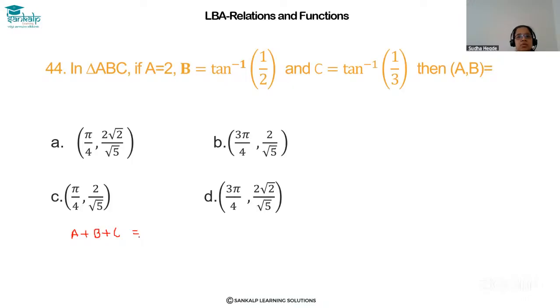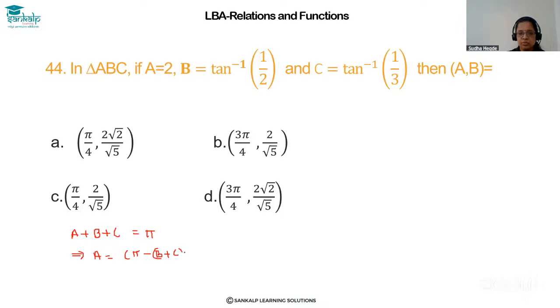Yes, it is 180 degree. Correct? So 180 degree in terms of radian, it is pi. This implies A is equal to pi minus (B plus C).